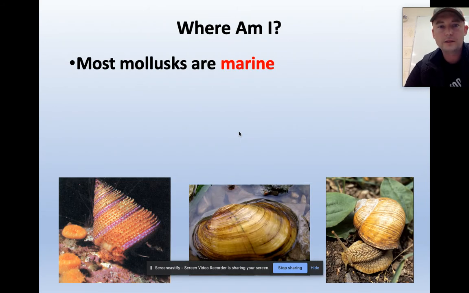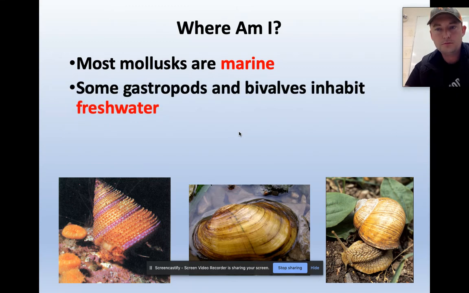So where am I? Most mollusks are marine, which again means totally in the salt water. We do have some that have made the transition from marine to freshwater, and again, that is such a remarkable adaptation. I heard an analogy once for a bull shark, for example, who can live both in saltwater and in freshwater.